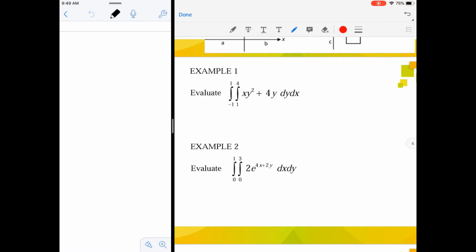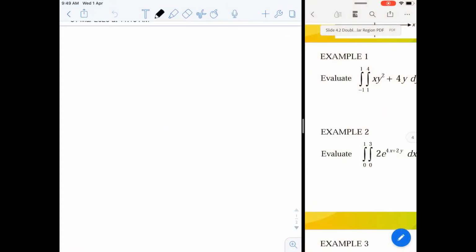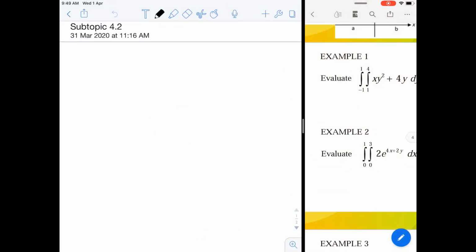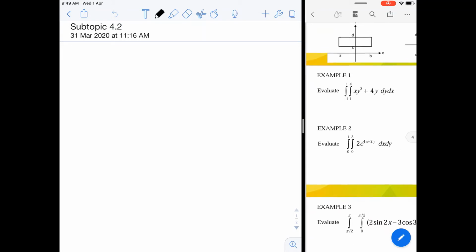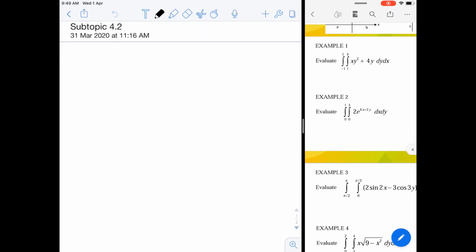Okay, I will solve this. So let us open this example 1.